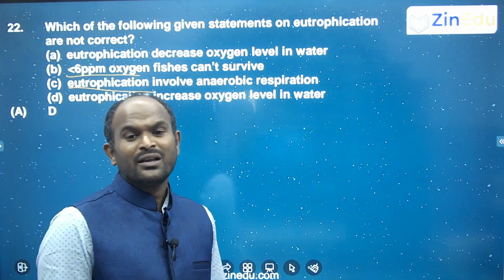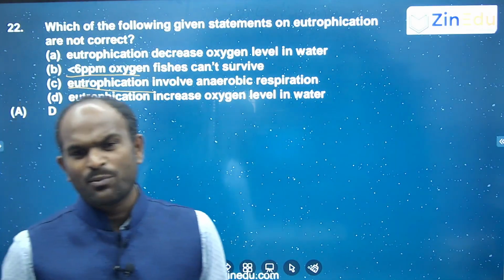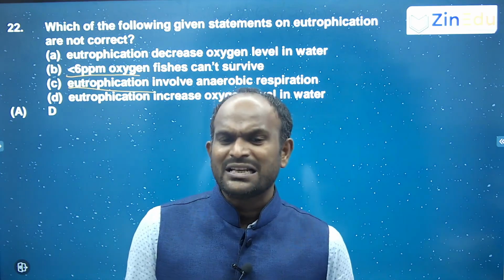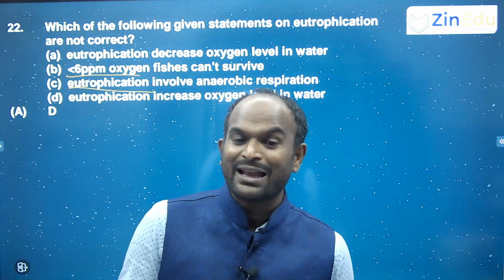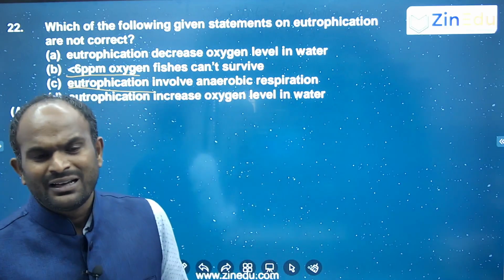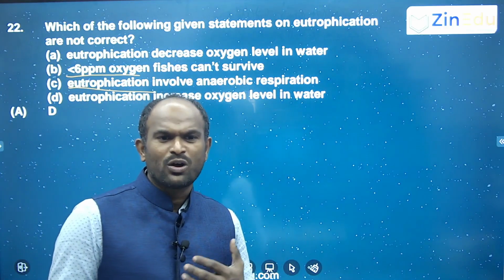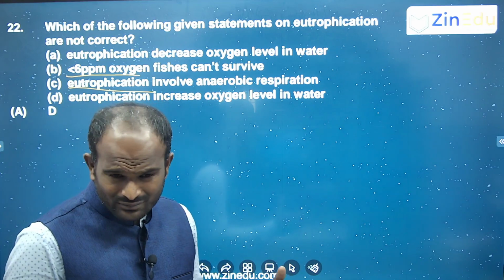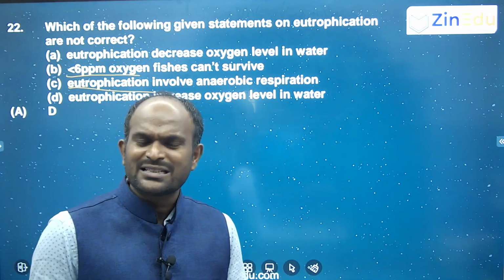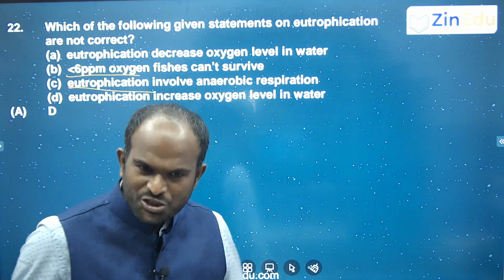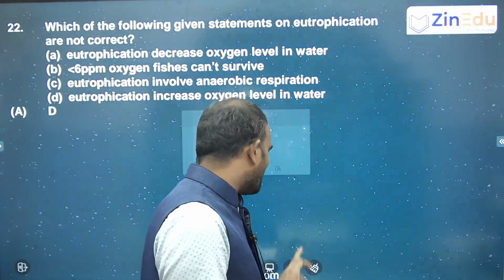Absolutely not true. Green algae and aquatic plants grow bigger, and it is going to cause almost a drought, as if the total water is going to vanish. That is nothing but eutrophication.